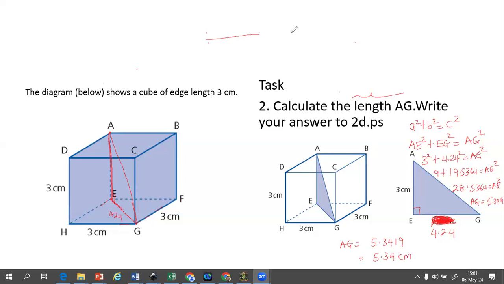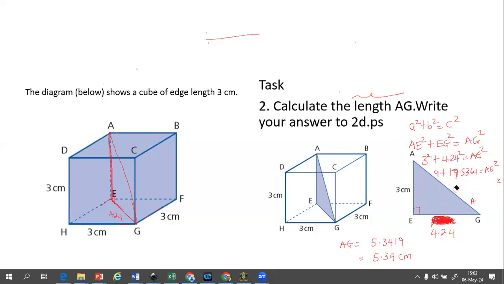When you square 4.24, you get 17.9776, but you have got 19.5. Oh, okay. Yes, thank you. That is correct.